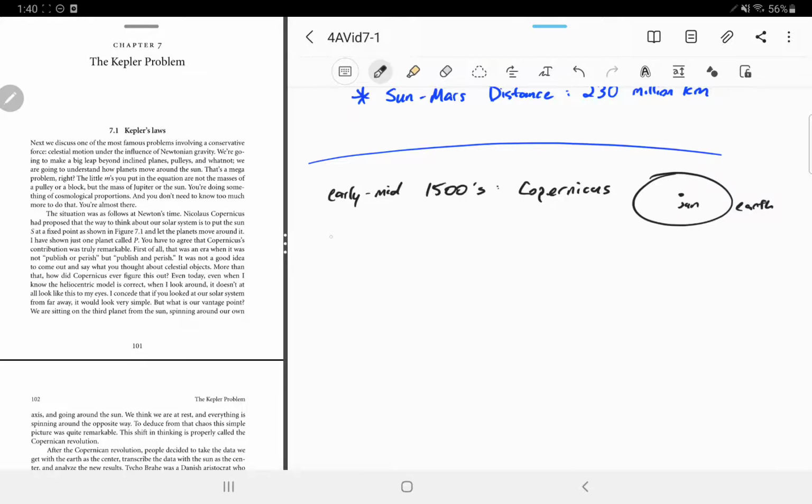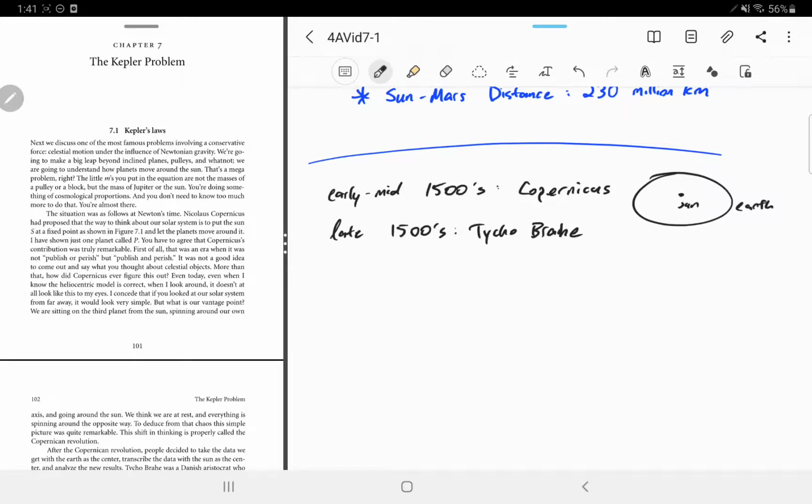So in the maybe mid to late 1500s, there was this really interesting person, if you read about him, named Tycho Brahe. I'm probably messing up that spelling too. There's so many stories about him.